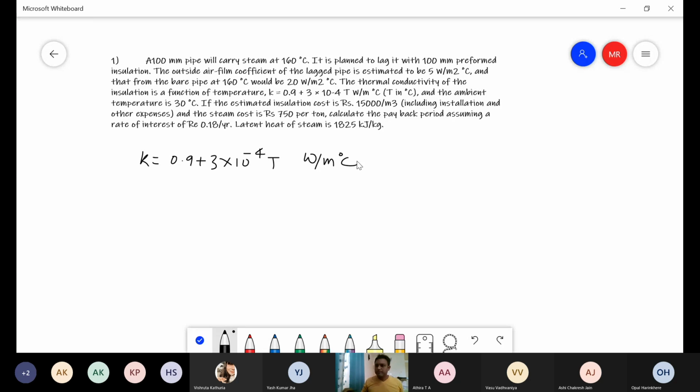Okay, this is what has been given. Now we have to see whether we have to use this variation or a constant value, because if we use a constant value, then our analysis becomes extremely simplified.